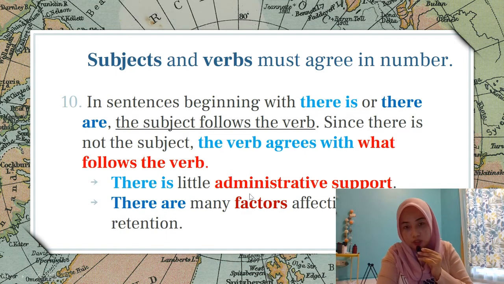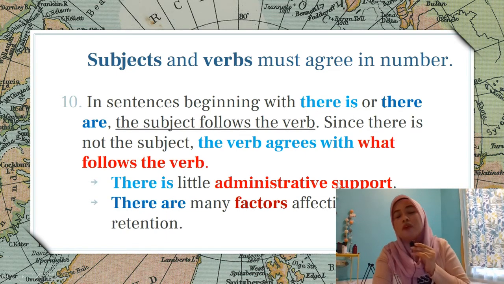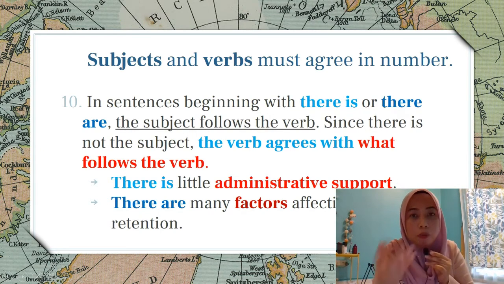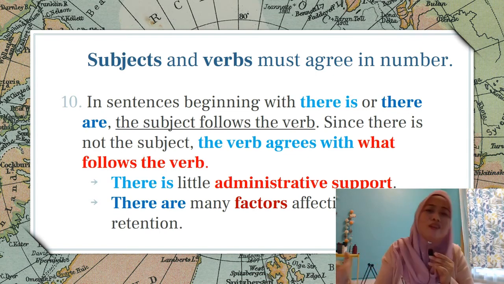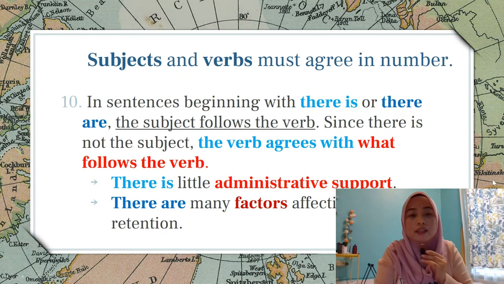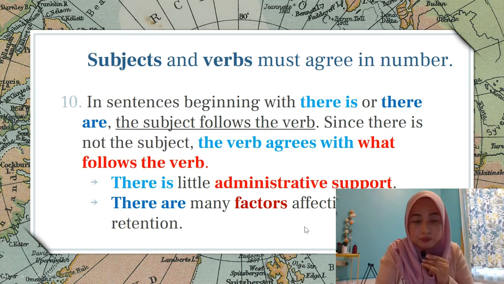Here, there is referring to administrative support. So support is uncountable. You cannot count support. 1 kilo support? No, I don't think so. So when it's uncountable, it should be singular. Hence, there is. All right.